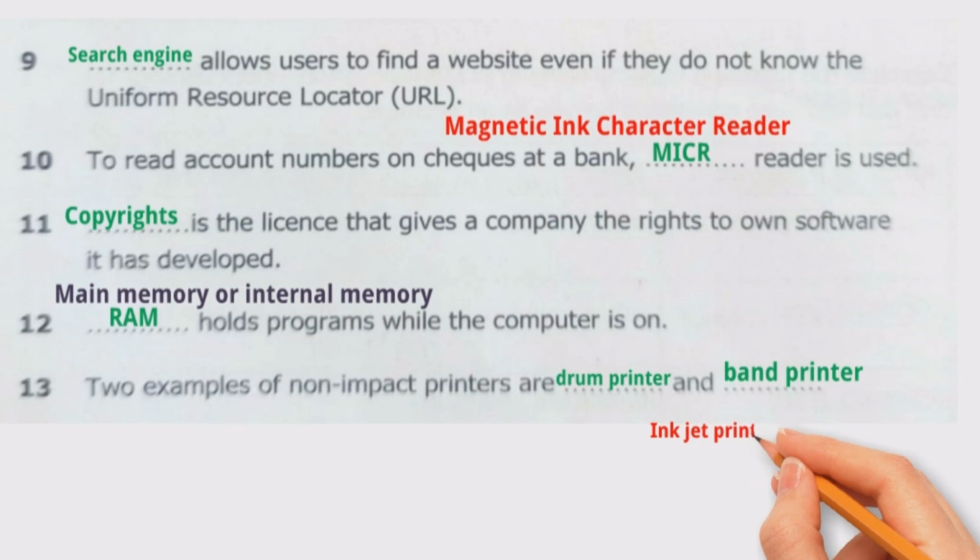I'm giving you the third one because there are many, so that if you forget one between the two, you may be lucky to remember the third one. So one is drum printer and band printer, then the third option is inkjet printer. So these three are examples of non-impact printers.